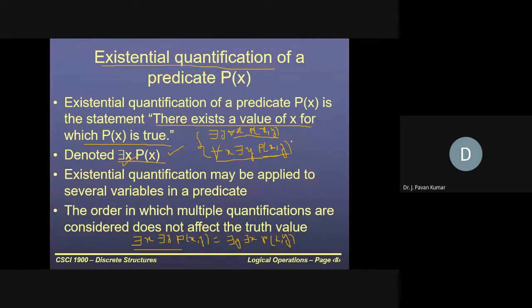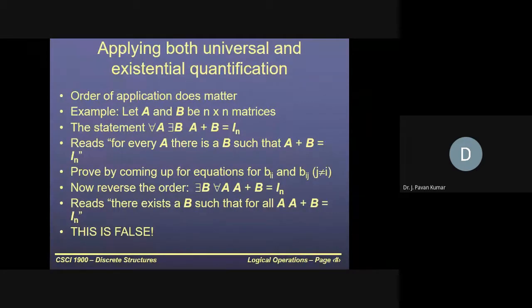Now, applying both universal and existential quantification, consider for all a there exists b. This is the statement. Like p of x comma y I have told, now p of a comma b is nothing but a plus b is equal to some integer.